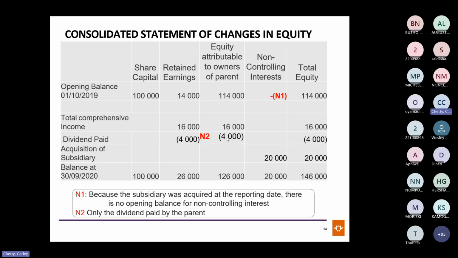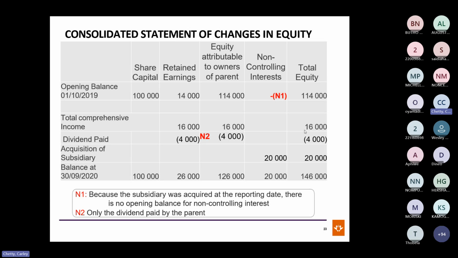And now that we have our total equity attributable to the parent, and we have our non-controlling interest, we'll simply add these two together to give us total equity. So we'll say equity attributable to owners of the parent plus non-controlling interest. That will give us total equity. And then total comprehensive income, which is 16,000.